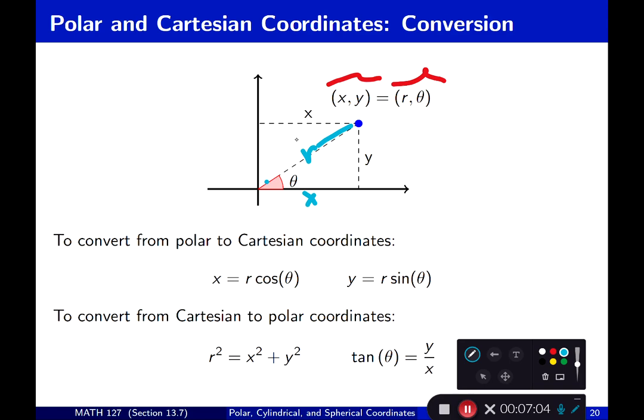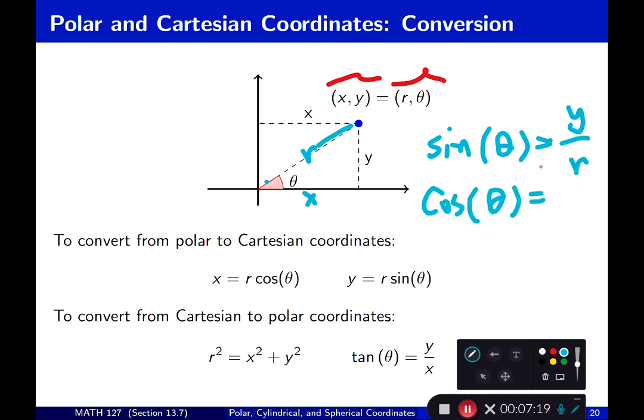So there's a triangle in there, and basically sine of theta is equal to y over r, cosine of theta is equal to x over r, and from there I can say y is equal to r sine theta, and x is equal to r cosine theta.